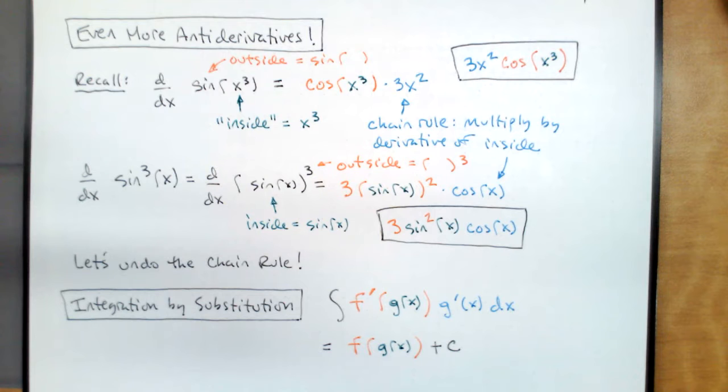Notice that all I've done here is turn the statement about the chain rule into an integration statement. Normally, we would say the derivative of f of g of x is f prime of g of x times g prime of x. I just reversed that.